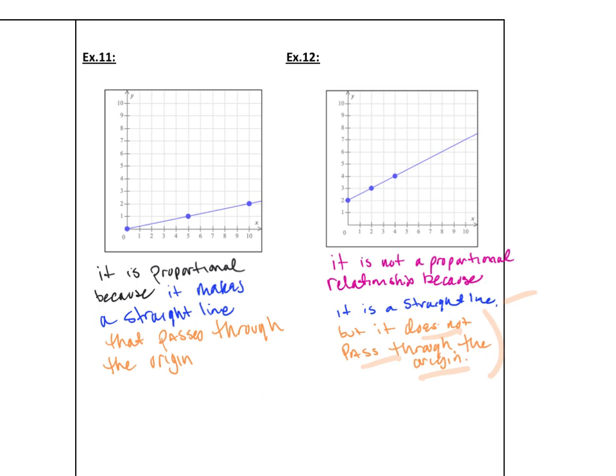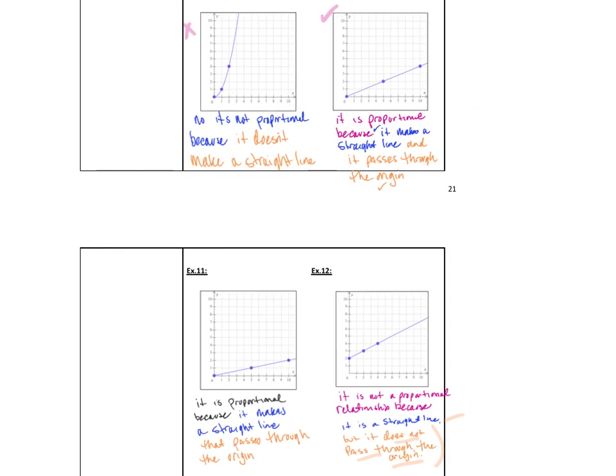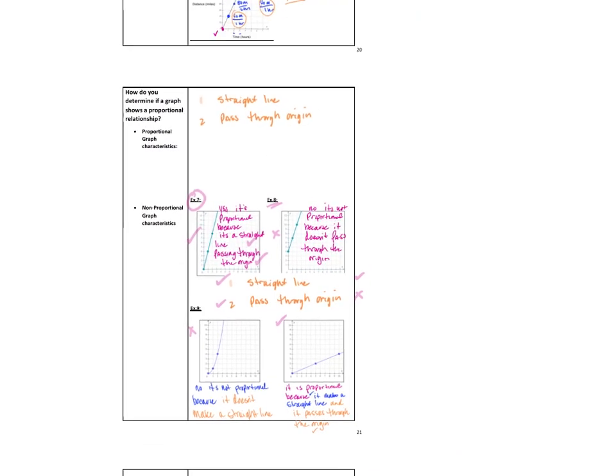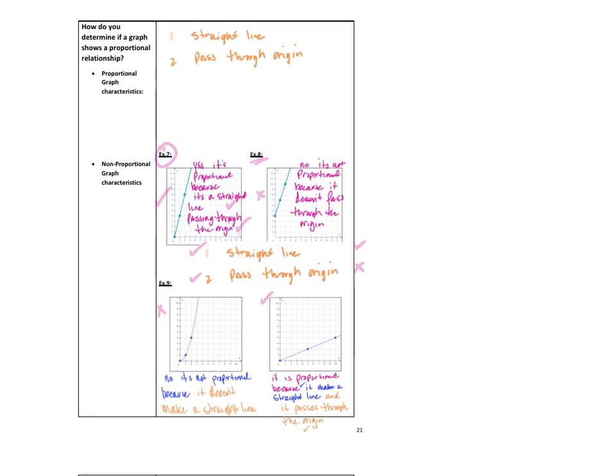That's it. So the gist of this is those two things, it has to make a straight line and it has to pass through the origin, are the justifications on a graph to determine if a relationship is proportional.